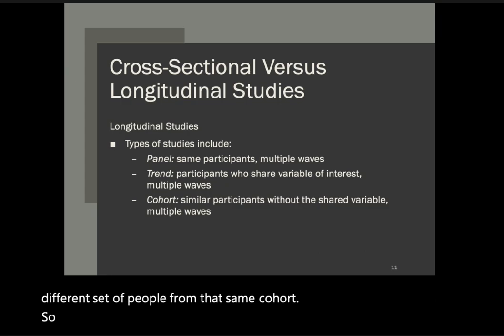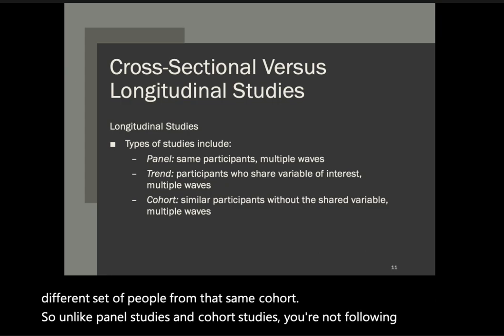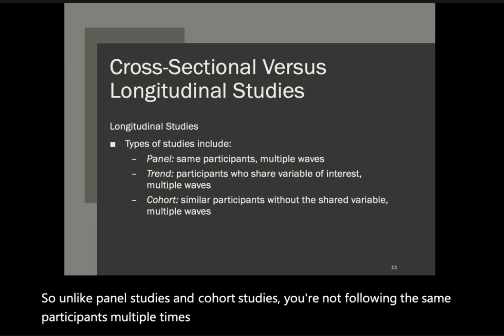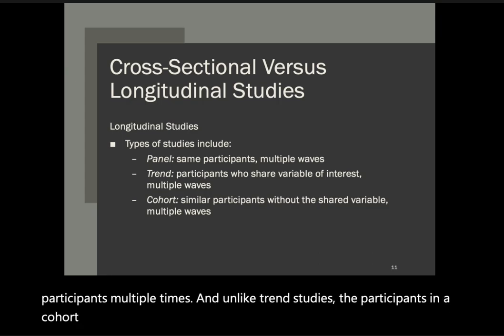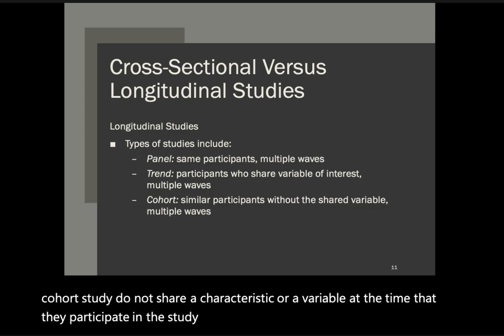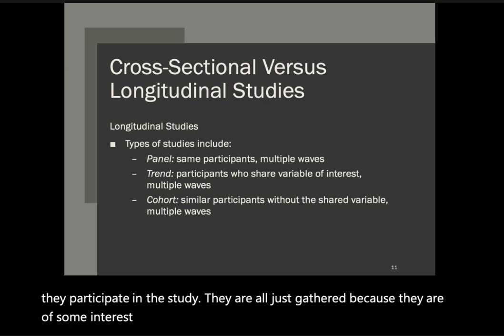Unlike panel studies, in cohort studies, you're not following the same participants multiple times. And unlike trend studies, the participants in a cohort study do not share a characteristic or a variable at the time that they participate in the study. They are all just gathered because they are of some interest to the researcher at that time.